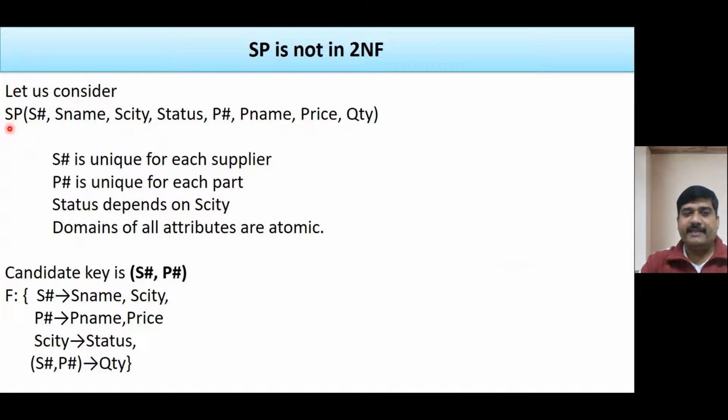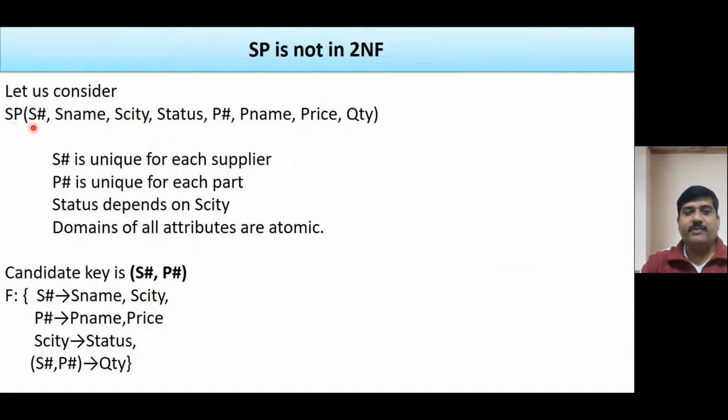That table is called SP, the supplier part table. Here S number is unique for each supplier, part number is unique for each part, and status depends on the city. Domains of all the attributes are atomic. So we can say that the SP table or relation is at least in first normal form.